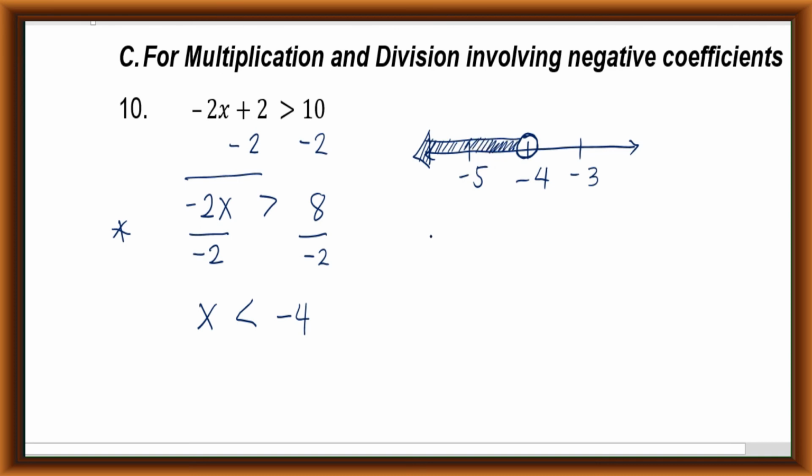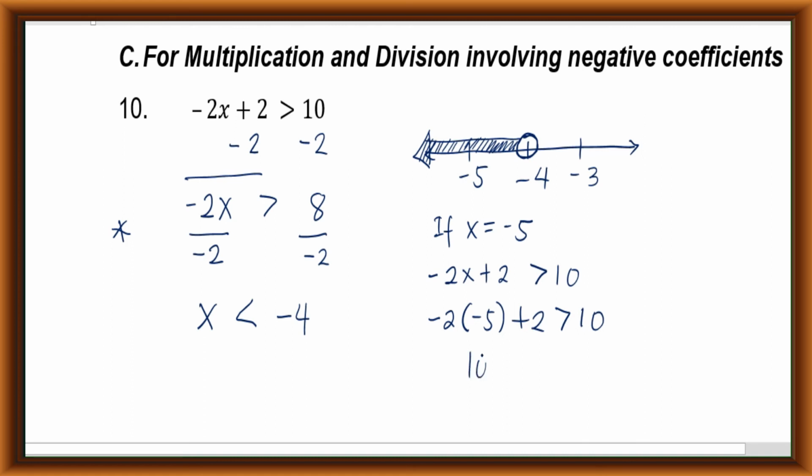Okay, so let's check our inequality. Say for instance for number 10, I'll choose x is equal to negative 5. So we have 2x plus 2. Is it greater than 10 if I substitute x is equal to negative 5?